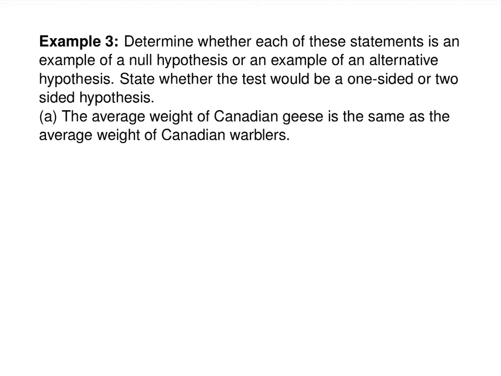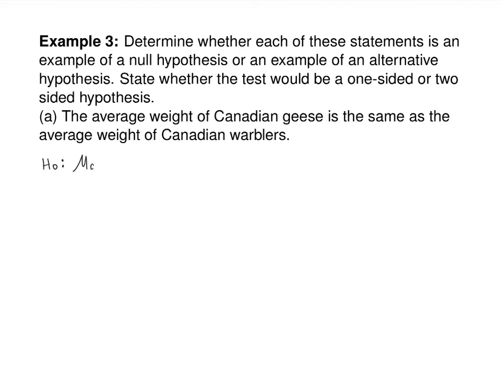Next, let's look at some statements and tell me whether they are examples of a null hypothesis, so nothing going on, or alternative hypothesis where something is happening. And then also state whether the test would be one-sided or two-sided. The average weight of Canadian geese is the same as the average weight of Canadian warblers. The word same tells me that probably this is a nothing going on.